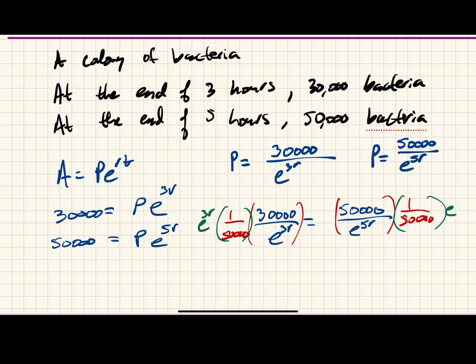And then what that'll do is give me all of the r's on one side, right? And then everything else on the other. So I'll have e to the 3r over e to the 5r equals 30,000 over 50,000.